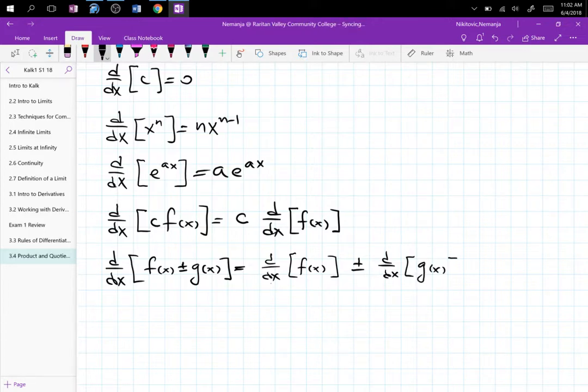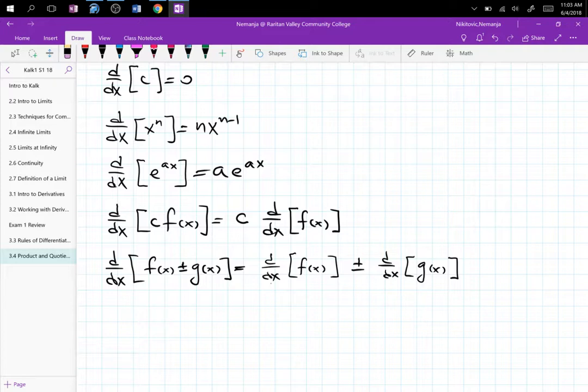Now, you are not allowed to do this with a product and a quotient. We have separate formulas, and that's what we're learning today. So, for addition and subtraction, you just go and you do it term-wise, each term on its own, and that's it.